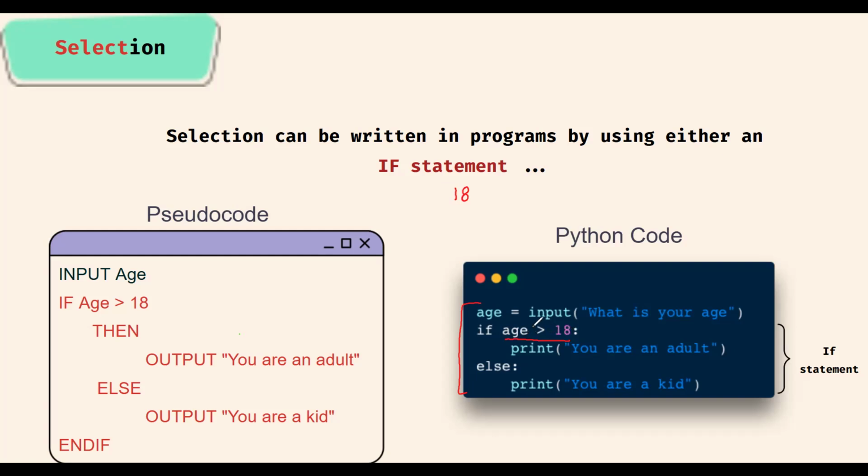In reality, this condition can have three possible results: the age is equal to 18, the age is bigger than 18, or the age is smaller than 18. In this code, we target only bigger or smaller, because we never put an equal here.